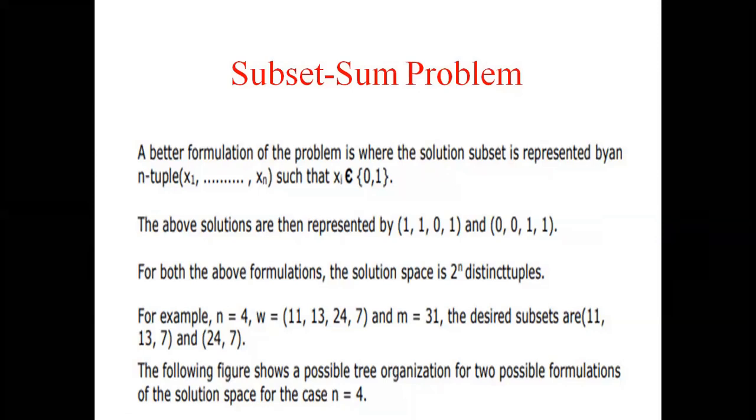That means in the solution subset, which is an n-tuple, we are taking zeros and ones. Zeros and ones are the solution. Suppose 0 means that particular weight is not included in the set. Suppose 1 means it is included.